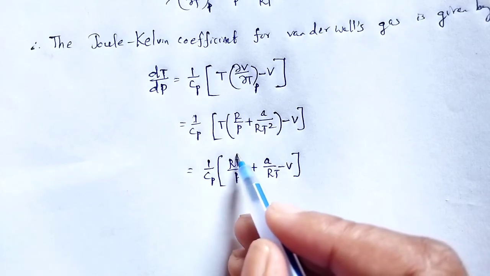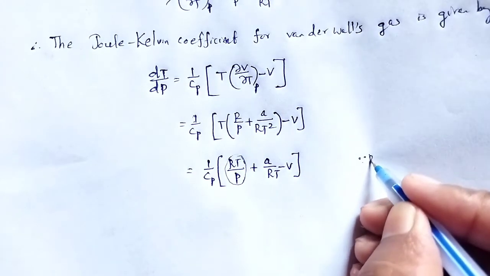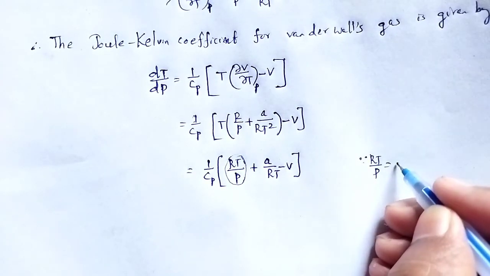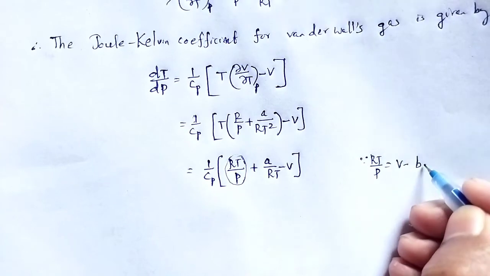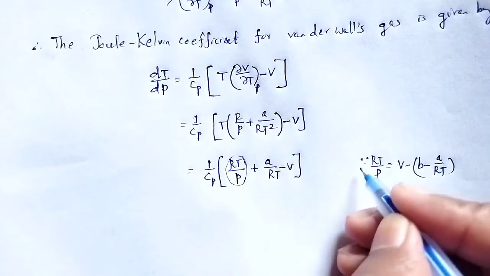Here RT by P, we know, is equal to V minus B minus A by RT.